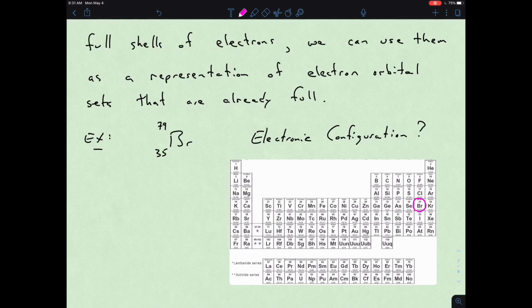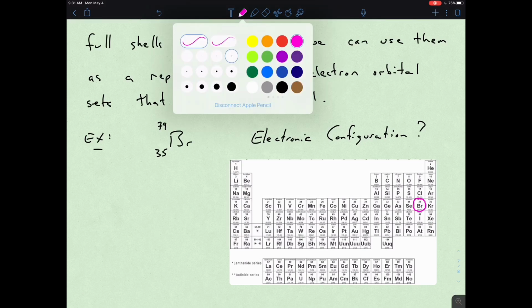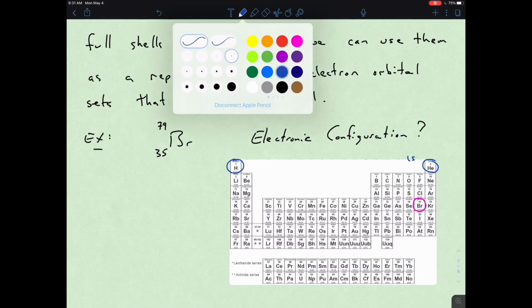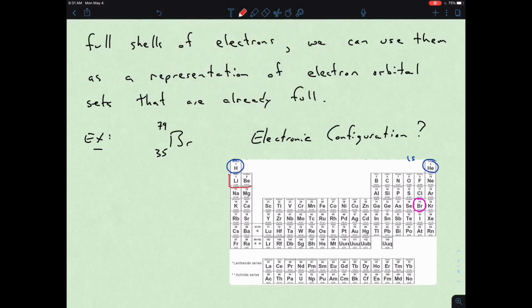So that means we have a lot of orbitals to talk about. We have the 1s that's full. We have our 2s and our 2p full. We then have our 3s and our 3p full.